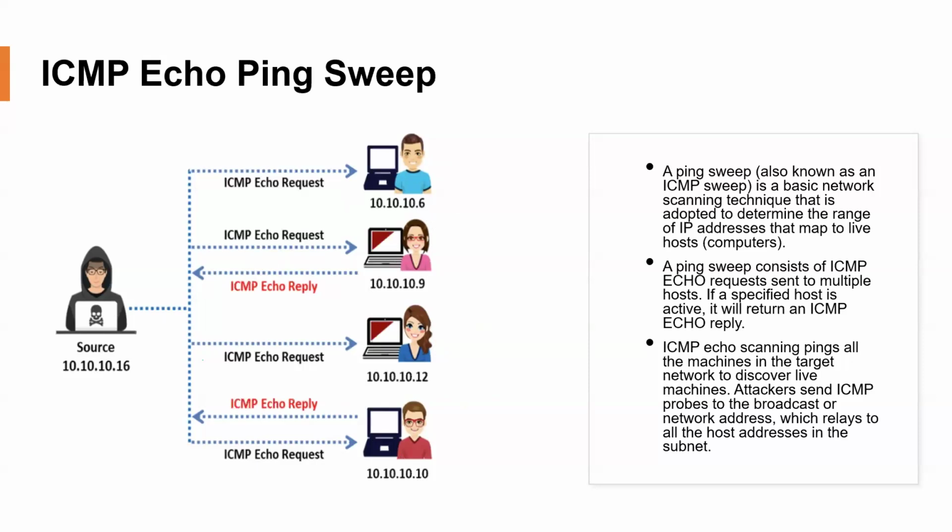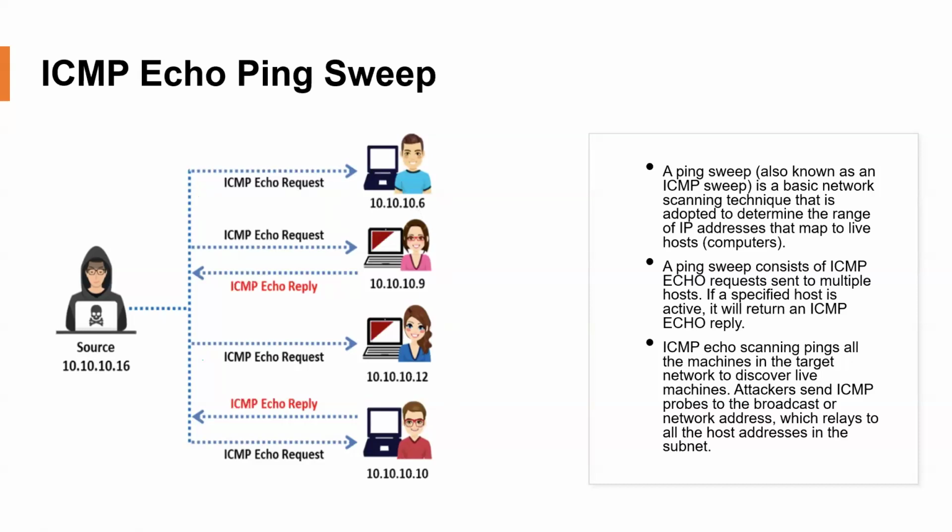Many times, attackers also use this scan from their perspective to overwhelm the source. So they will spoof the IP address of the source, and then they will send the ICMP echo request and broadcast it to the entire host in the infrastructure. And then all the hosts will respond back to the source. And then the source will be overwhelmed, and the source machine won't be available.